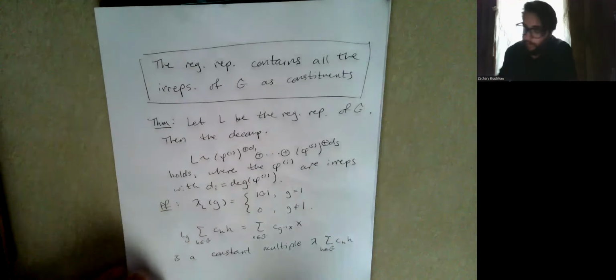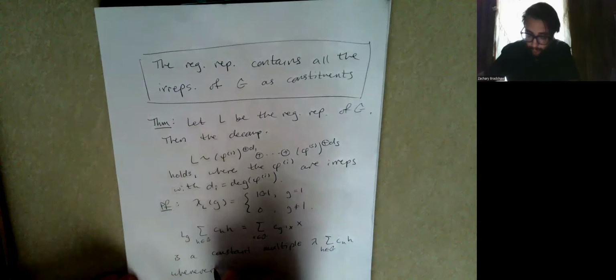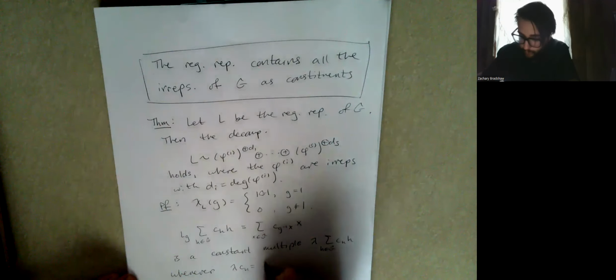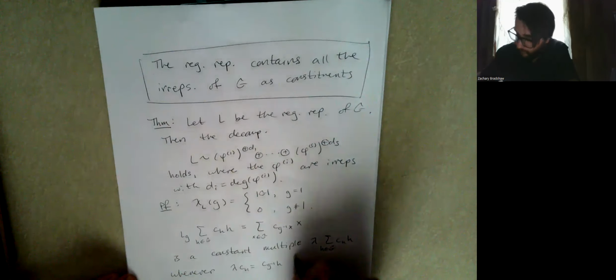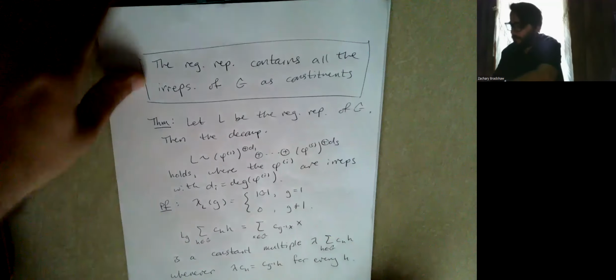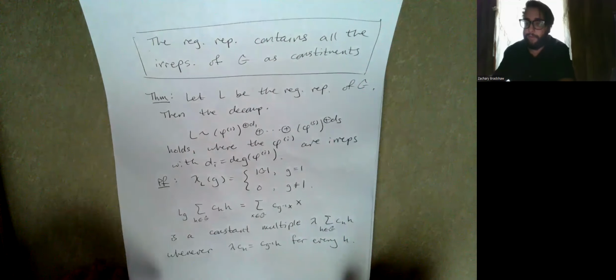When is this true? This is true whenever lambda c_h is equal to c_{g^{-1}h} for every h. Why? Because these elements of the group are the basis for the space. Right?